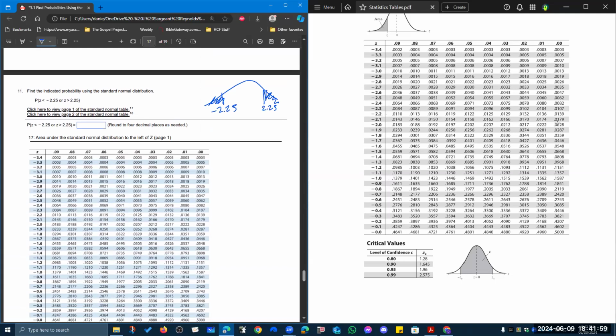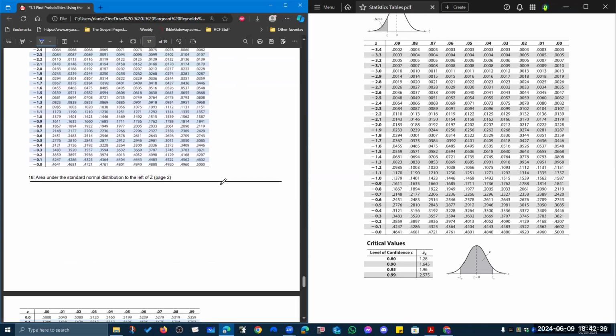Negative 2.2, 0, 1, 2, 3, 4, 5, 0.0122. I know that this also has to be 0.0122. So this is 0.0244. The reason I know that has to be the same area to the right is the curve is symmetric about the mean of mu equals 0.